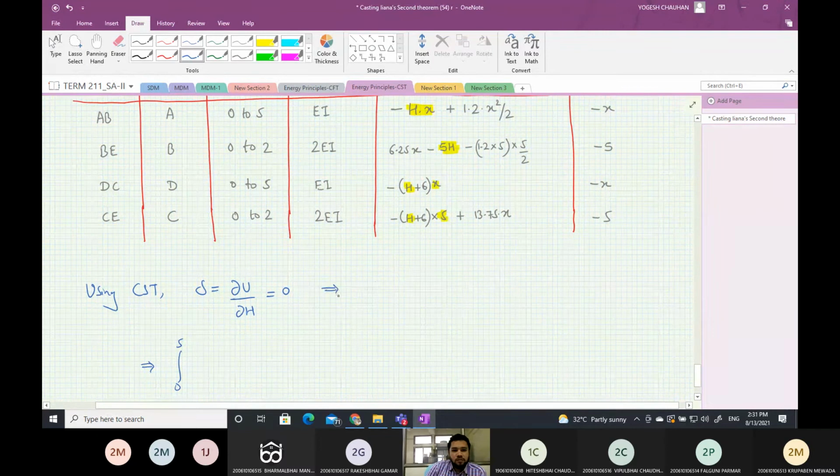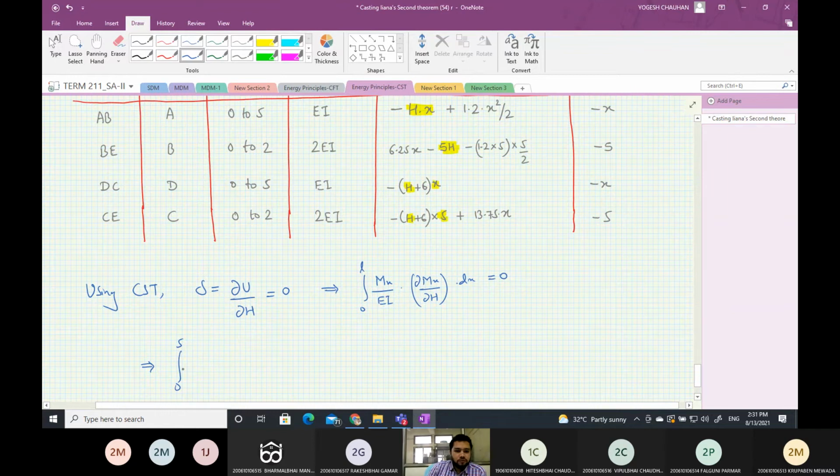This is actually like this: integration from 0 to L of Mx by EI times del Mx by del h dx equals 0.